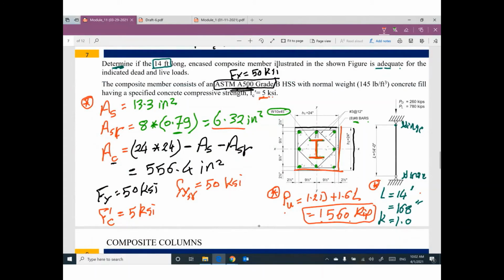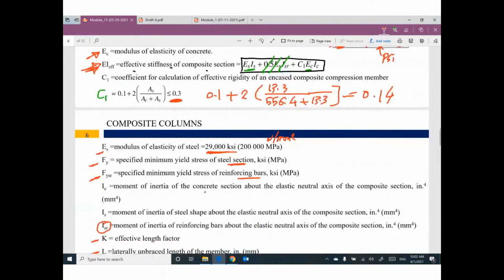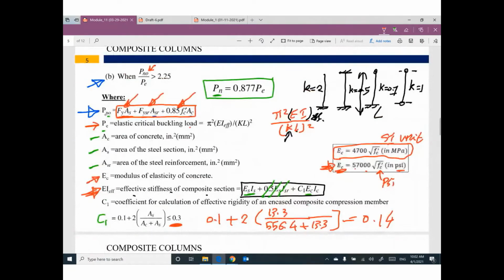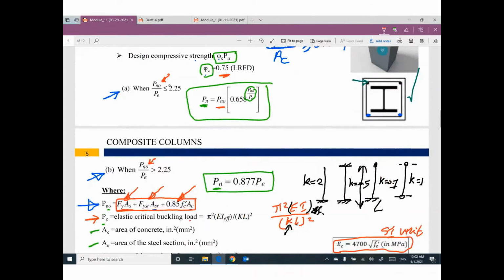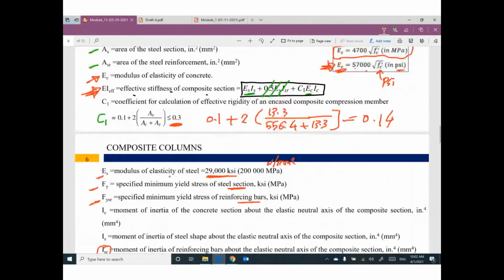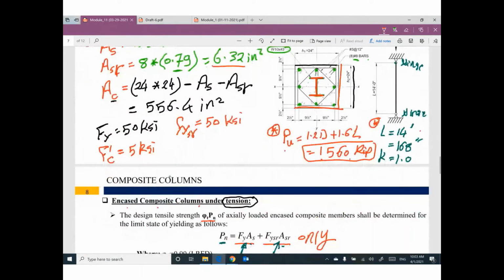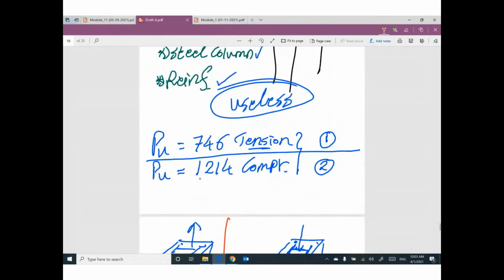You need to repeat this example one more time that I did last meeting. Under compression, what is the area steel? What is the area steel reinforcement? What is the area concrete? And then use this equation for Pn and check which one I'm going to use, this one or this one. You need to do all of these calculations to find the value of phi Pn and compare it to 1214 in compression.